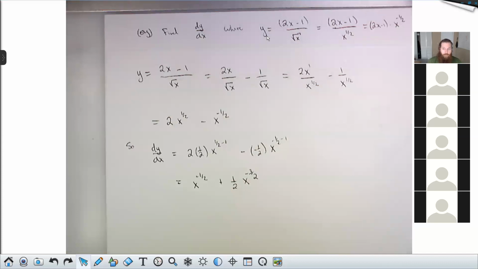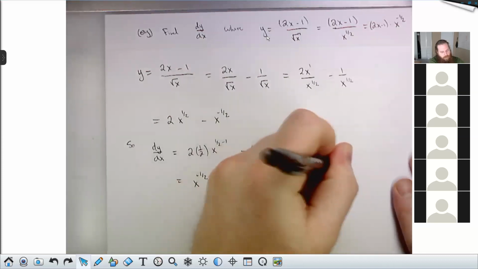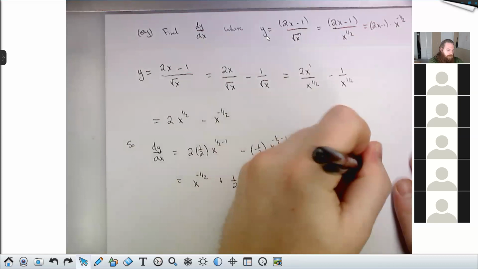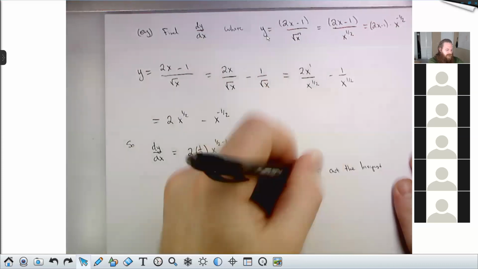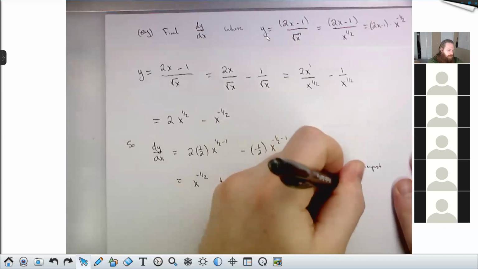And if you want to simplify this further, if you want to clean this up as much as possible, like we did on that last one, the trick from here is to factor out the largest negative power.